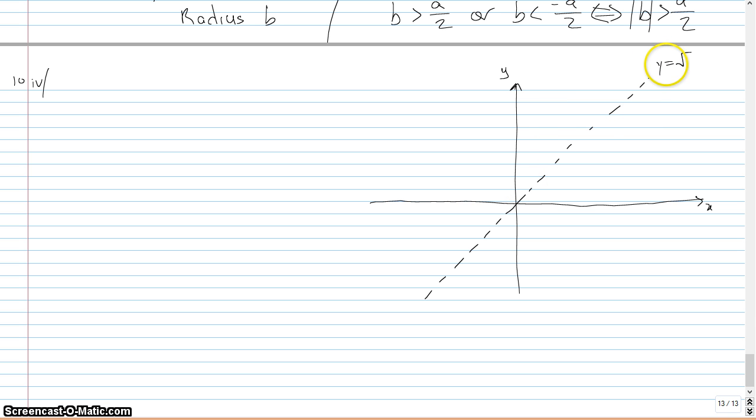Y equals square root 2x. Negative square root 2x. Right.